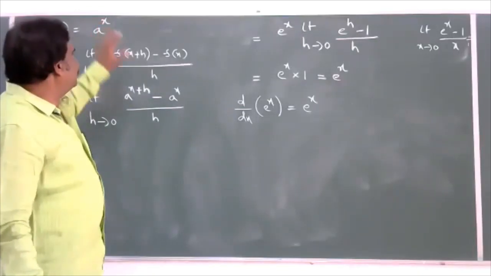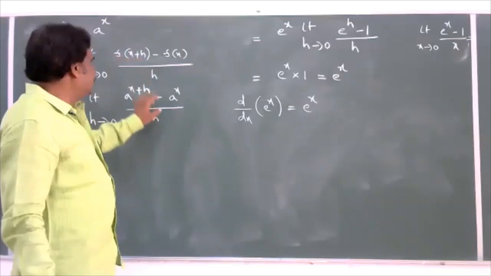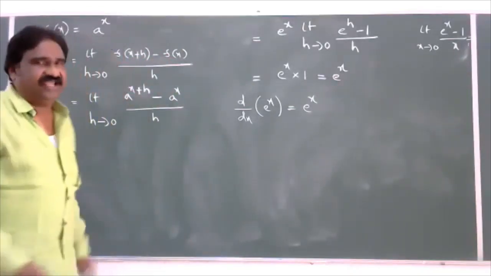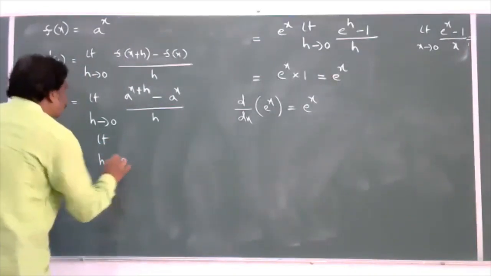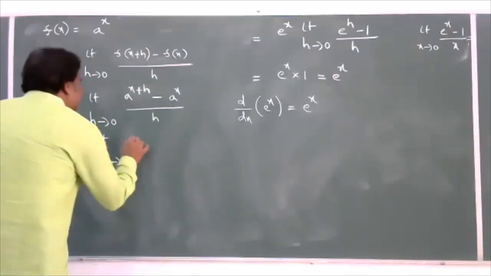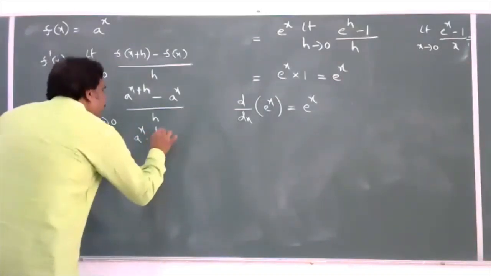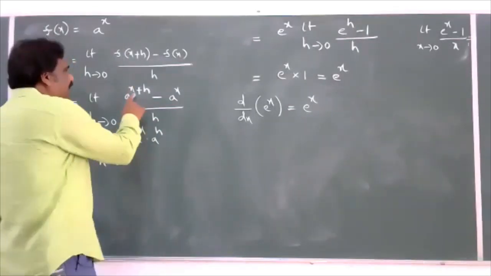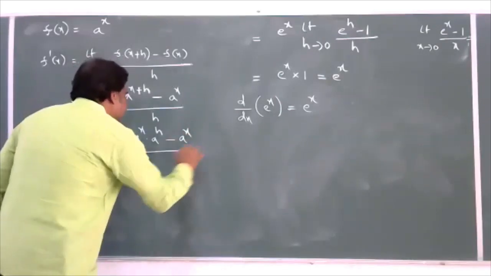Instead of x, you substitute x plus h. Here, limit h tends to 0. A power x plus h is a power x into a power h. So it is a power x into a power h minus a power x by h.